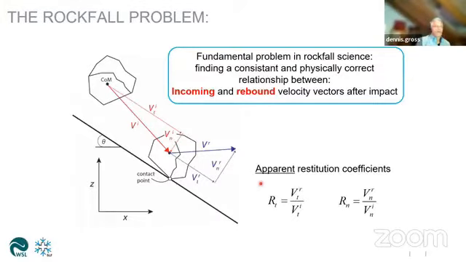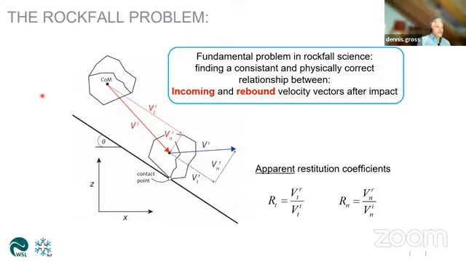I believe the fundamental problem is really finding a correct relationship between incoming and outgoing energy or velocity at contact points along the trajectory.